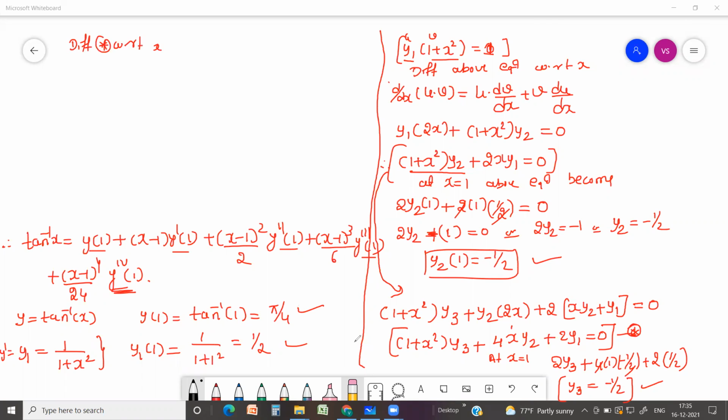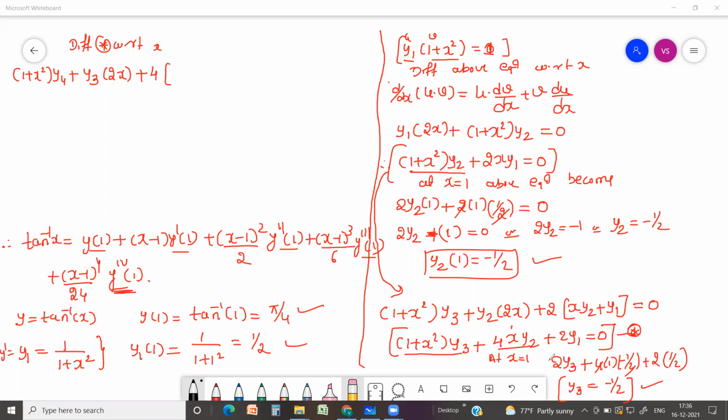What happens again? For these two, the product rule, because both are functions of x: 1 plus x square as it is, y3 differentiation is y4, plus y3 as it is, 1 plus x square differentiation is 2x. Then differentiating 4xy2, 4 is constant.